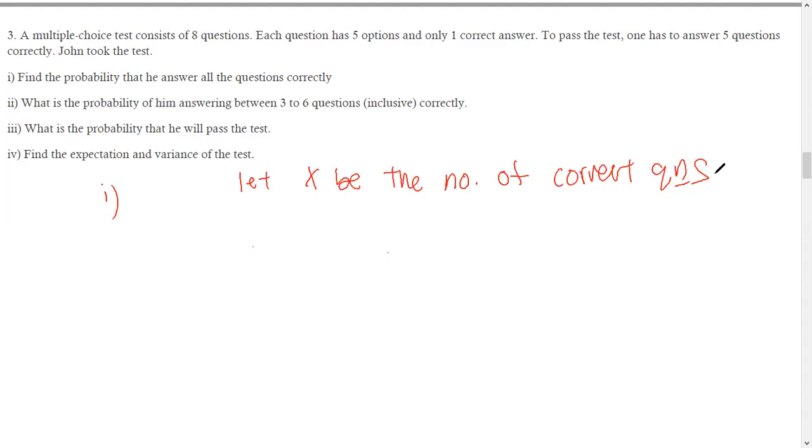If you cannot define it properly, it means you don't understand the question at all. So today X should be the number of correct questions. So X will follow a binomial distribution of total 8 questions, and the probability of getting each question correct is 1 out of 5.